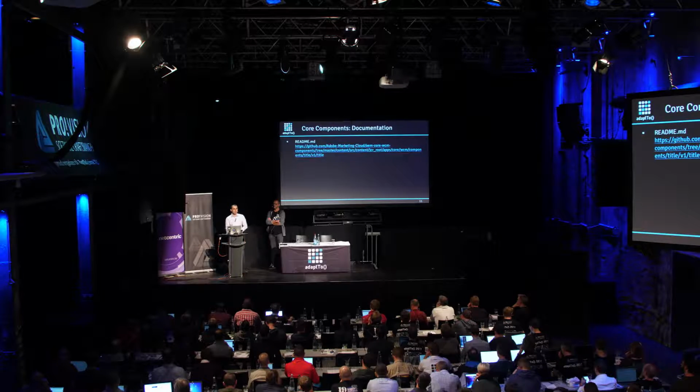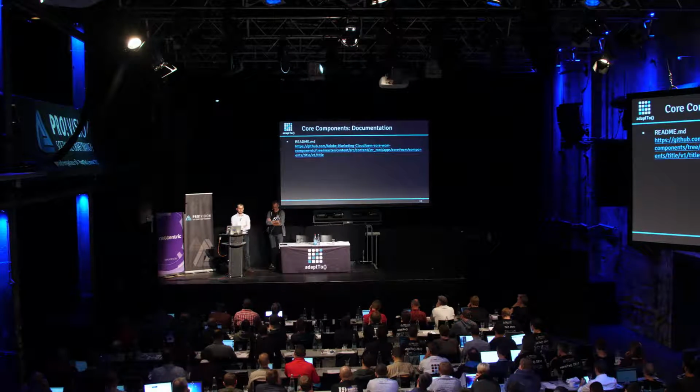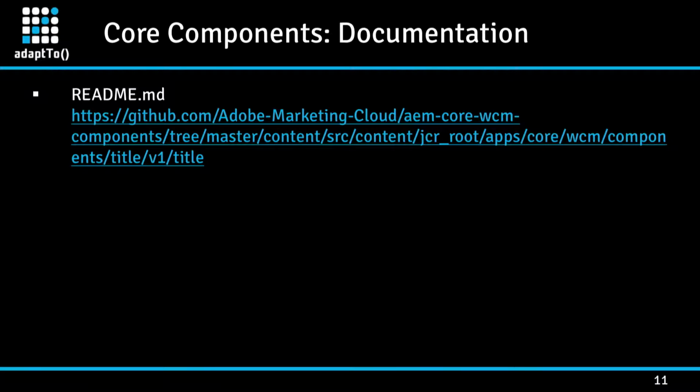Of course, one of the other things that we wanted to improve together with going open source is creating more documentation for the components. This is happening at each component level, where we have README files which explain what each component is doing, what kind of markup you can expect from that component, and how it should be used.